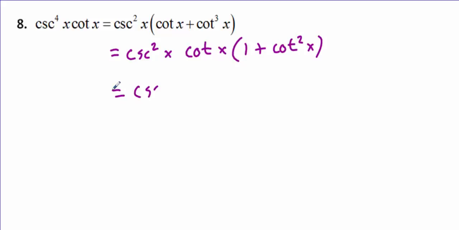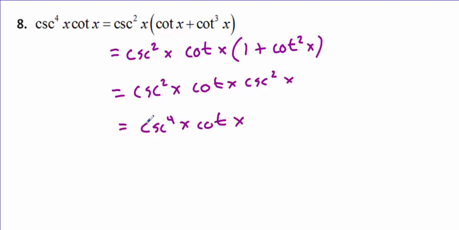And we have another Pythagorean identity. I don't think we've used this one yet on these notes, but 1 plus cotangent squared theta equals cosecant squared theta. So 1 plus cotangent squared x is cosecant squared x. And cosecant squared times cosecant squared is cosecant to the 4th times cotangent. And again, the left and right look exactly the same, so we know we are finished.